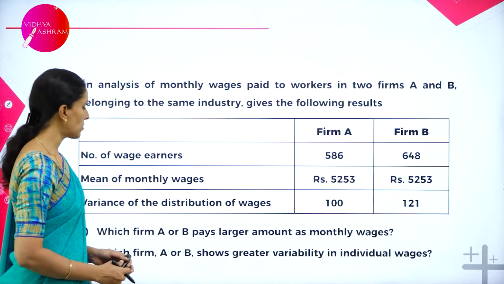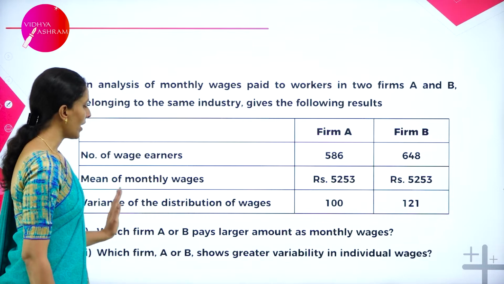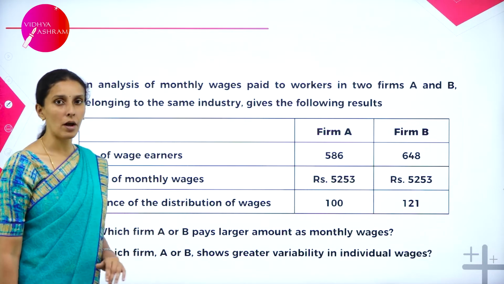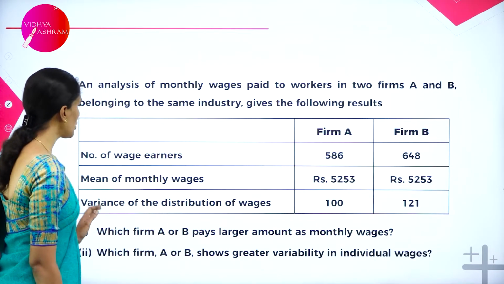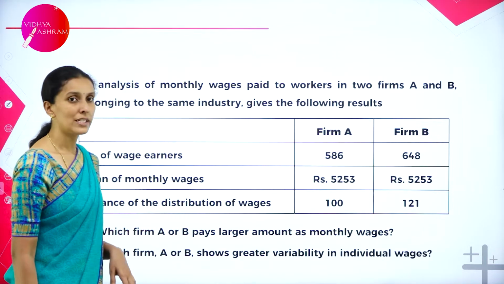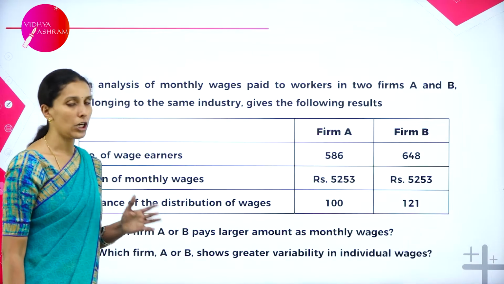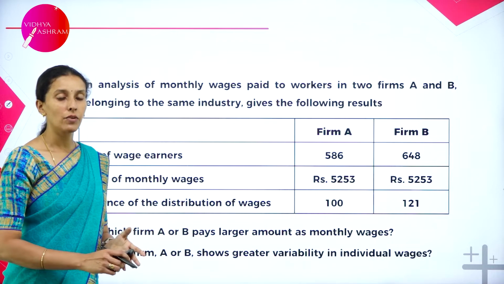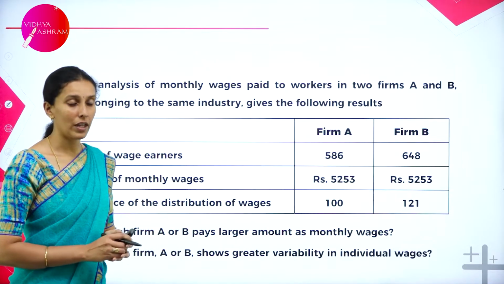What are we supposed to calculate? Which firm, A or B, pays a larger amount as monthly wages? Which firm, A or B, shows greater variability in individual wages? So we need to calculate the coefficient of variation.